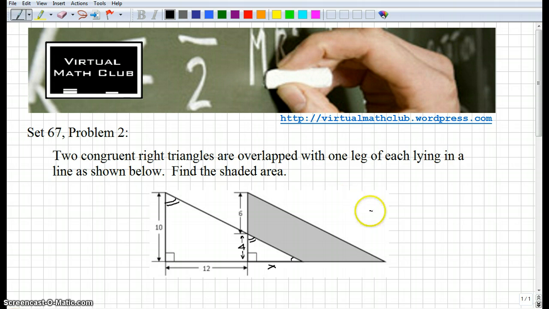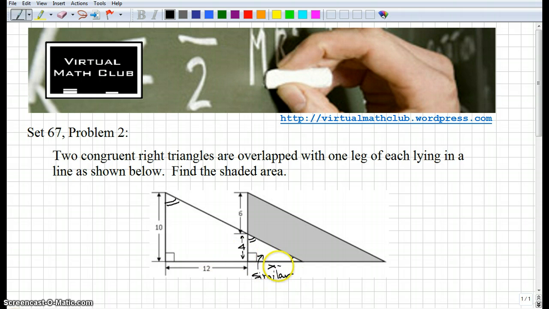So what we have is a similar triangle, all right? This small triangle here is similar to the big triangle. Similarity just means that it's like a scaled down version of the big triangle.